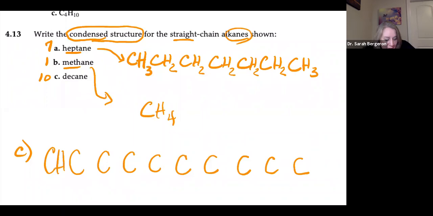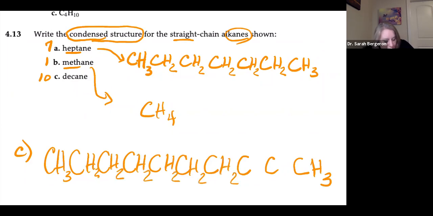These are going to be CH3, carbon on the end, CH3, and then everything else has to be a CH2 because we don't have any branches. So you can just go ahead and write CH2 for everything else. CH2, CH2, CH2, and that's it.